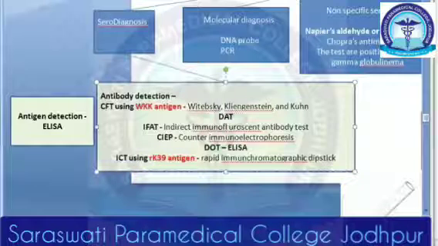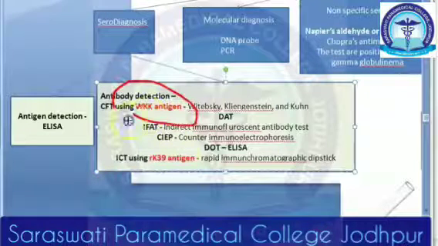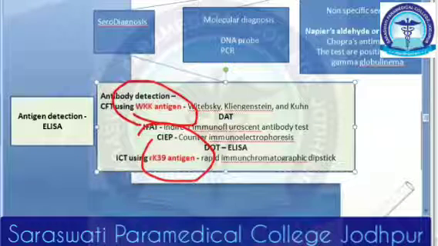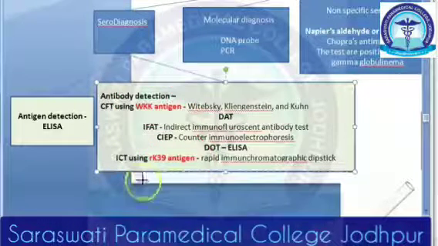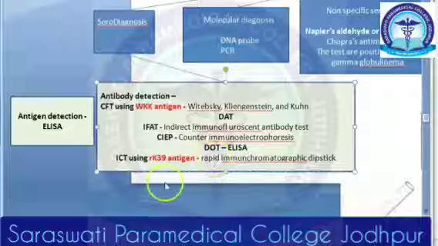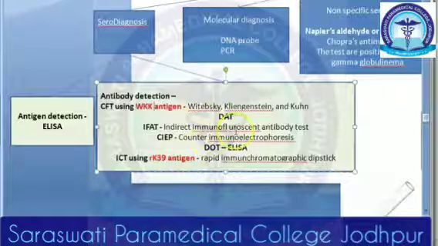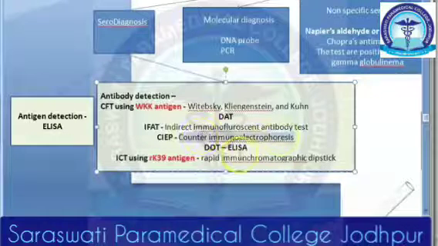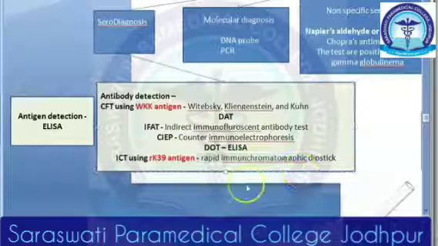Whatever you can, try to remember. At least remember the antigen names here: WKK antigen, RK39 antigen. What are the tests? Complement fixation test, dot ELISA, indirect immunofluorescent antibody, counter immunoelectrophoresis, immunochromatographic dipstick.